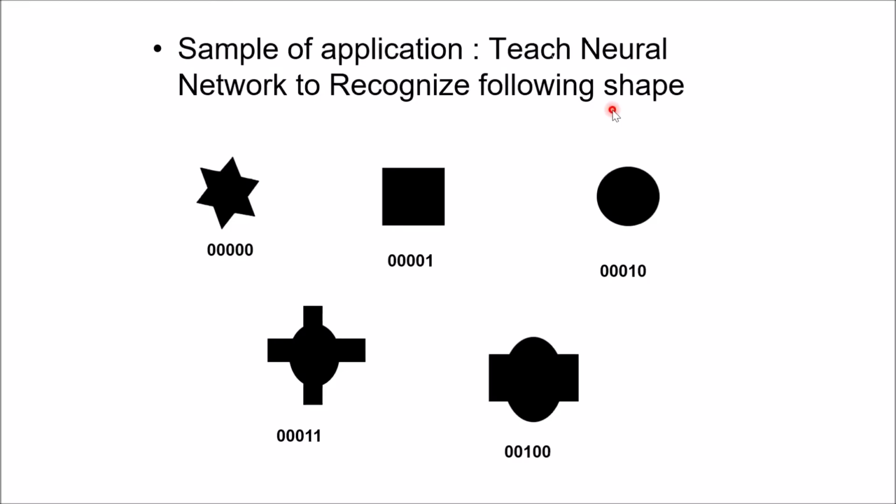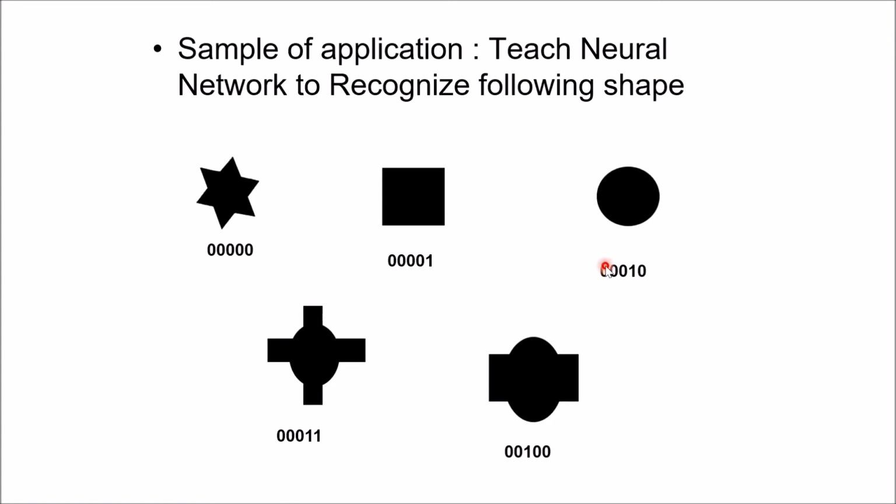So, but before that, let me show you a simple example of how you're able to use the multi-layer perceptron to solve this problem. In this case, you are given 5 sample images, in which every image is labeled as 0, 0, 0, 0, 0, 0, 1, 0, 1, 0, 0, 1, 1, and 1, 0, 0.